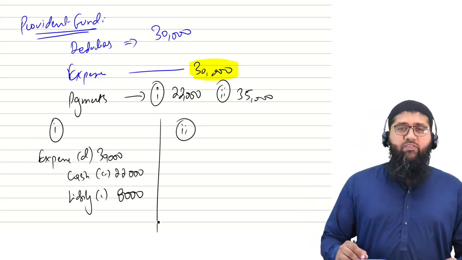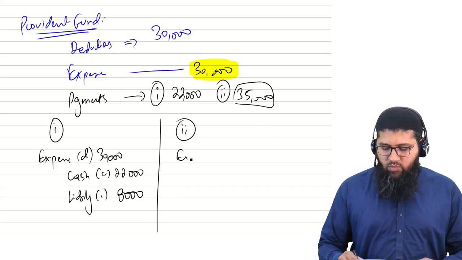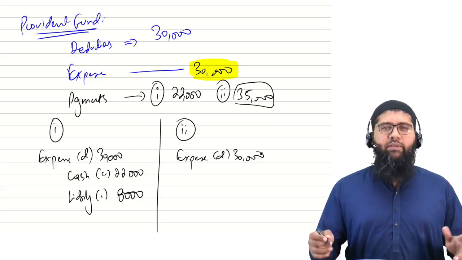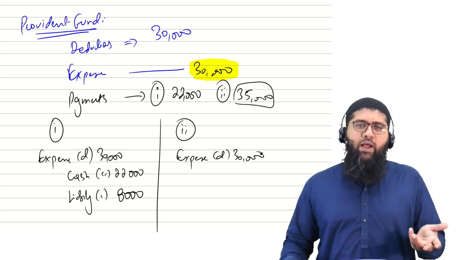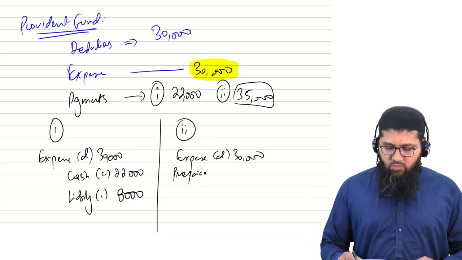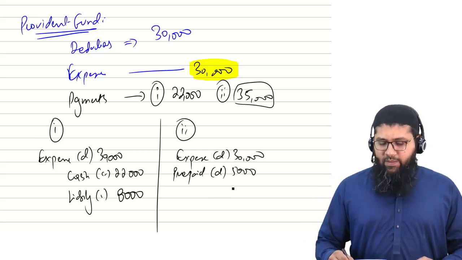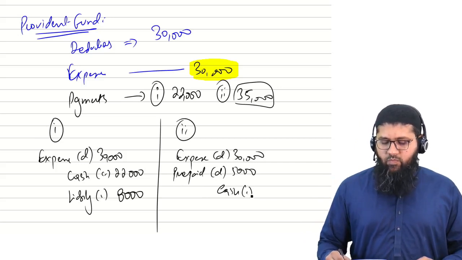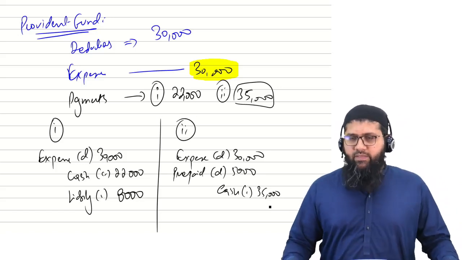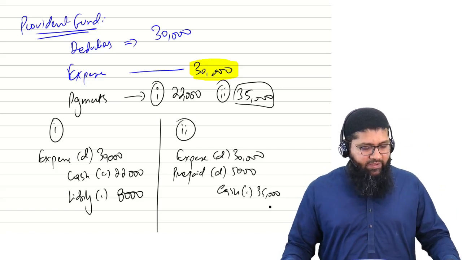But in case there is this 35,000 payment, you would say expense debit by 30,000 because I am required to pay 30,000. The prepaid is going to be debited by the excess, and the cash is going to be credited by 35,000.